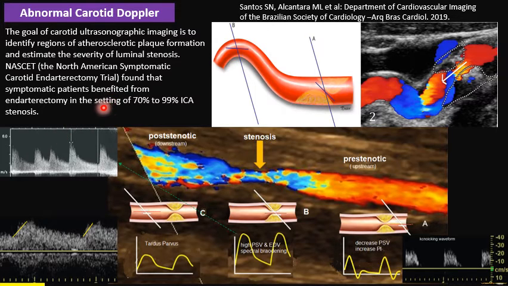It even showed that patients with over 60% still get some benefit from the many other complications of the stenosis, especially stroke. The major, most important and more sensitive technique for grading stenosis is Doppler study.